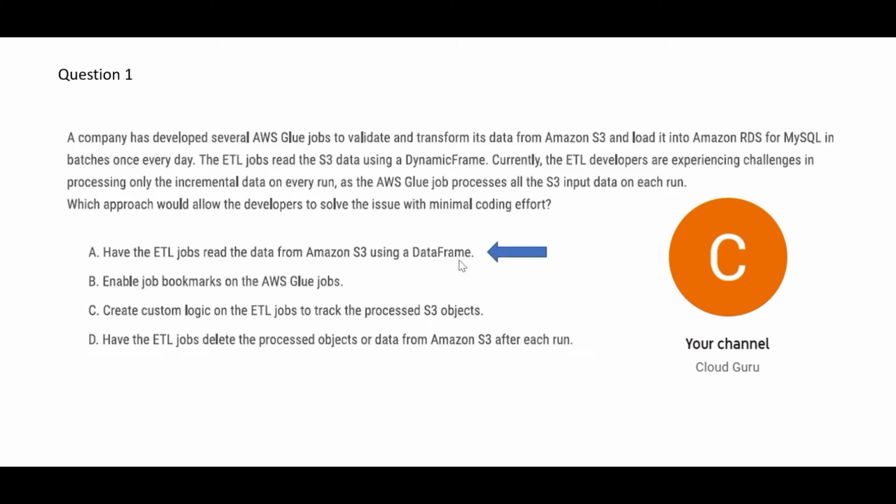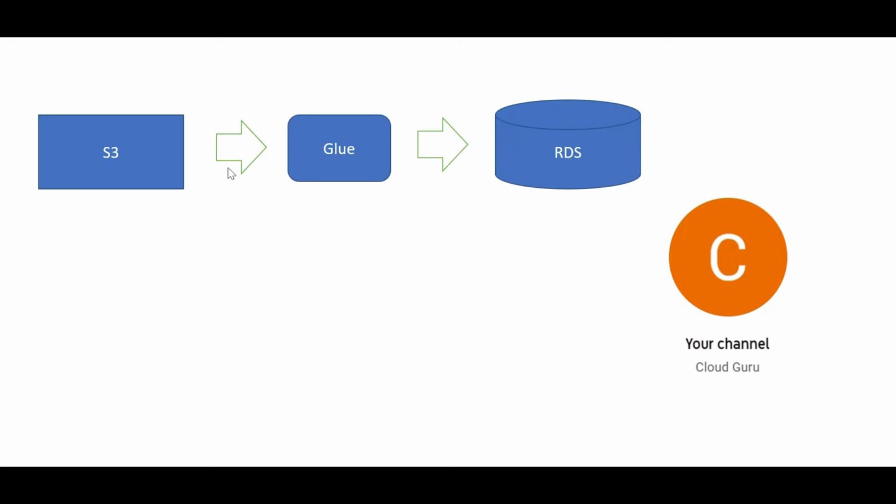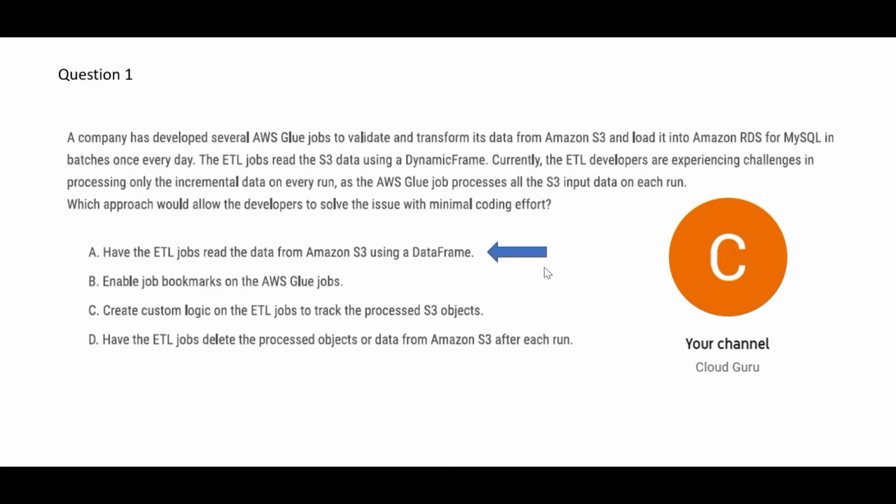Now this option states that you have all ETL jobs read data from S3 using a data frame. When Glue reads from S3, it should use a data frame. Right now, what is it using? Did you see the question? Read it properly. It is using a dynamic frame.